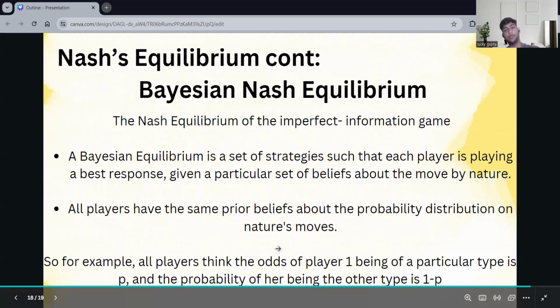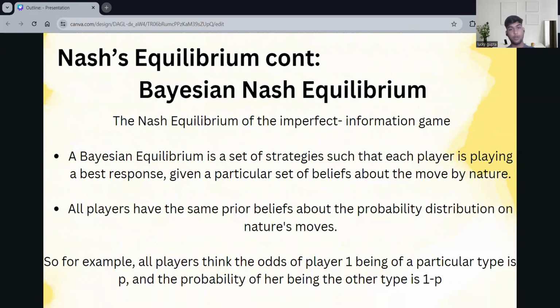Now let us talk about Bayesian Nash equilibrium, which is the Nash equilibrium under imperfect information, while what we have just discussed had perfect information. Bayesian equilibrium is a set of strategies where each player plays the strategy that gives the best profit given a particular set of outcomes.